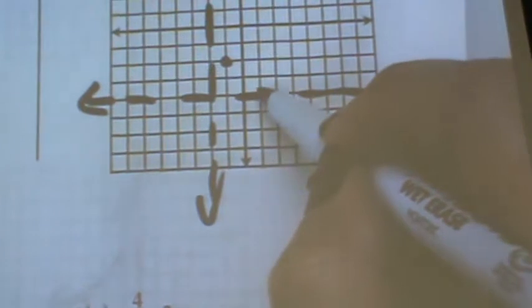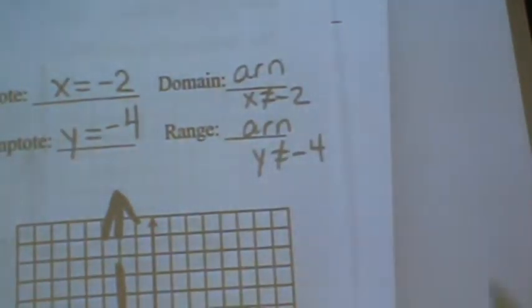And you're gonna go 2 this way, that way, draw your branch. And the other branch. So your domain for this one is all real numbers, x can't be -2, and the range is all real numbers, y can't be -4. Two more.